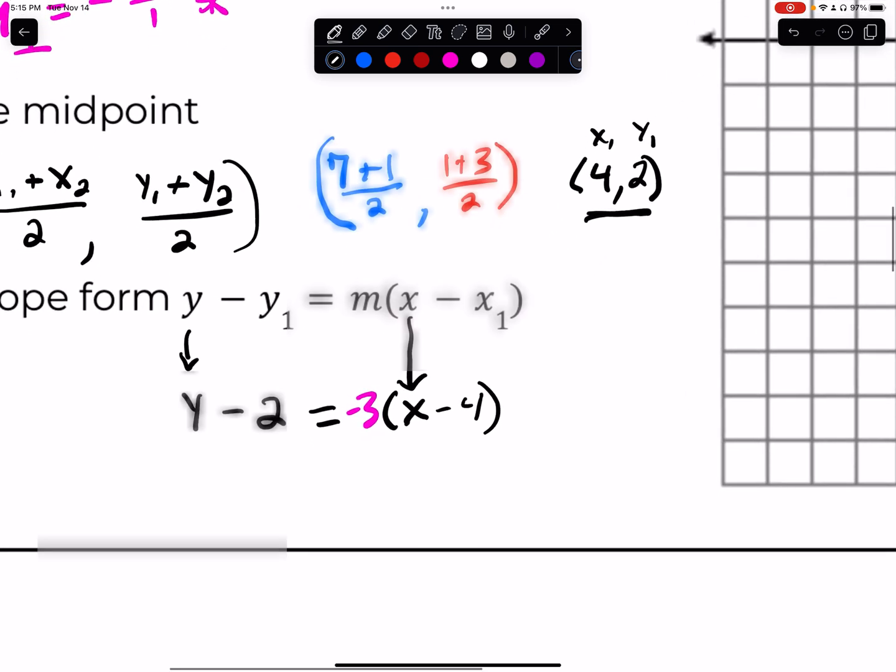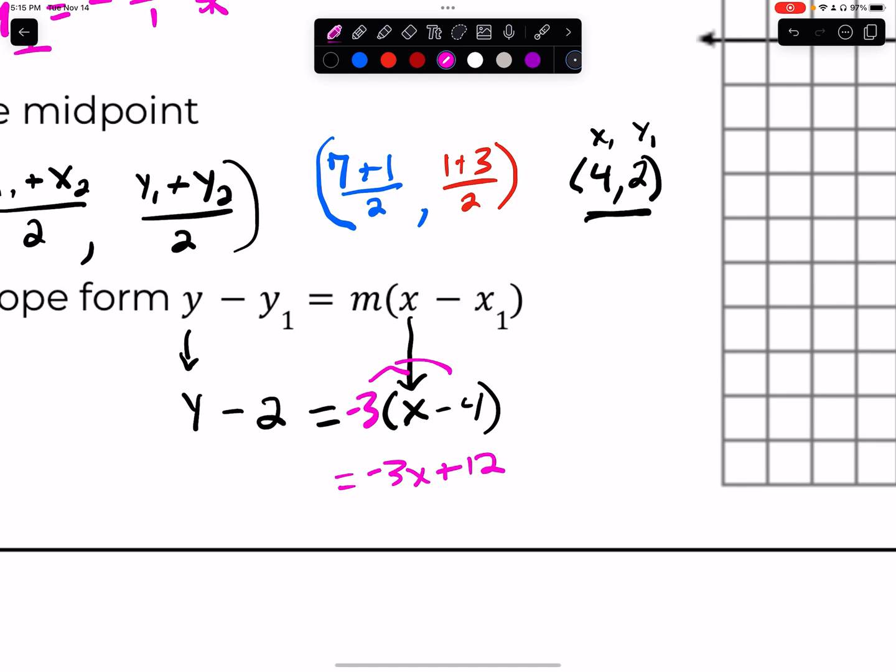So if we have our equation right here, let's just distribute through. Okay, so I'm going to take this -3, take that slope, distribute it through. So I'm going to get -3x, and I'm going to get plus 12 because a negative and a negative make a positive when we're multiplying. And on the right-hand side, I'm still left with y minus 2.